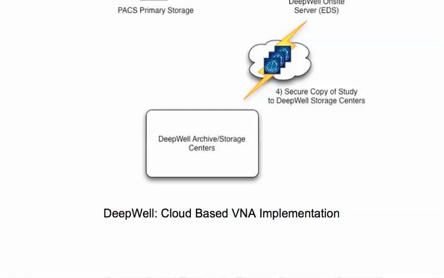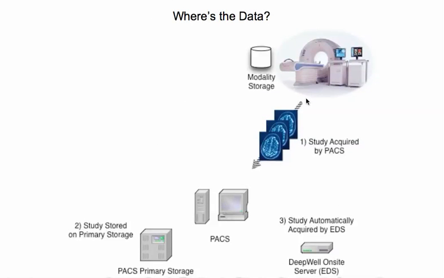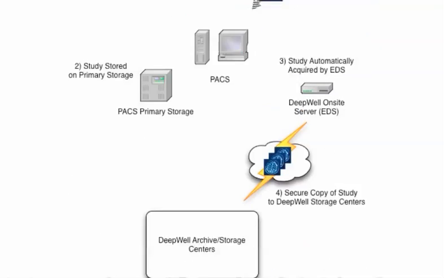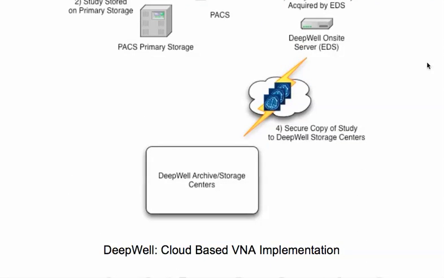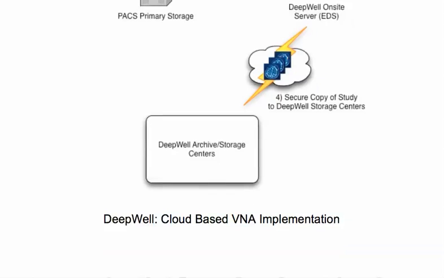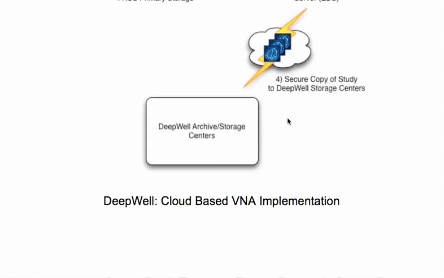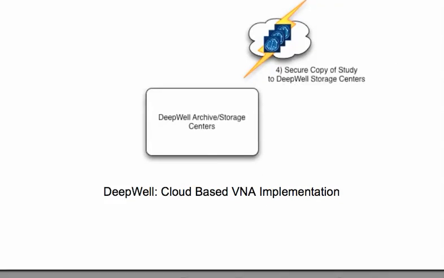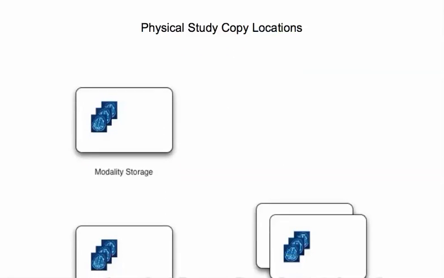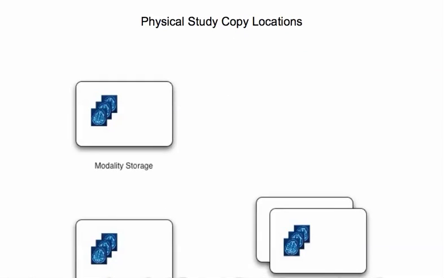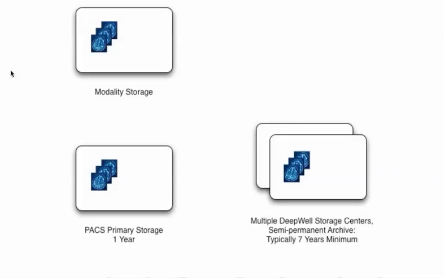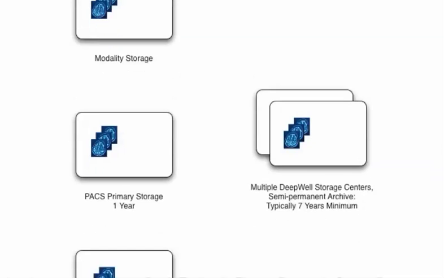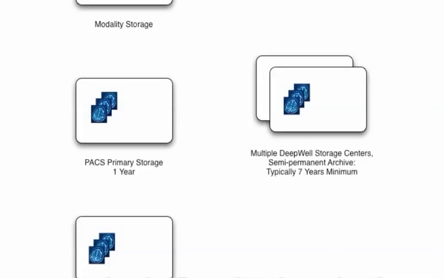So we look at this workflow. The image is created, stored on the modality, acquired by the PACS, stored on primary storage, and acquired by our Deepwell Enterprise Departmental Server, and immediately the EDS creates multiple copies in multiple geographically segregated storage centers. So where are those physical studies? Well, again, modality storage, PACS primary storage.